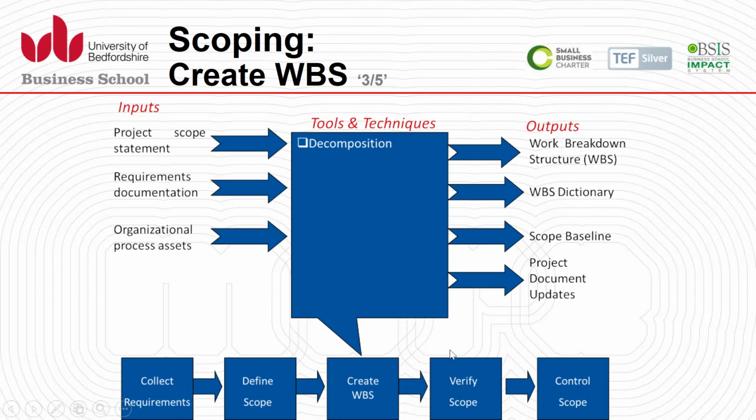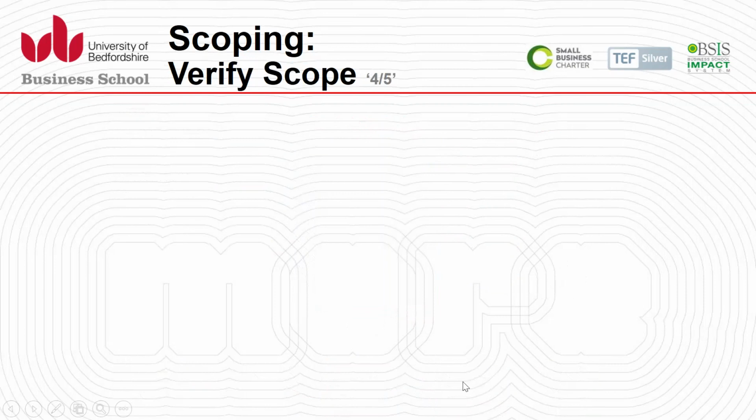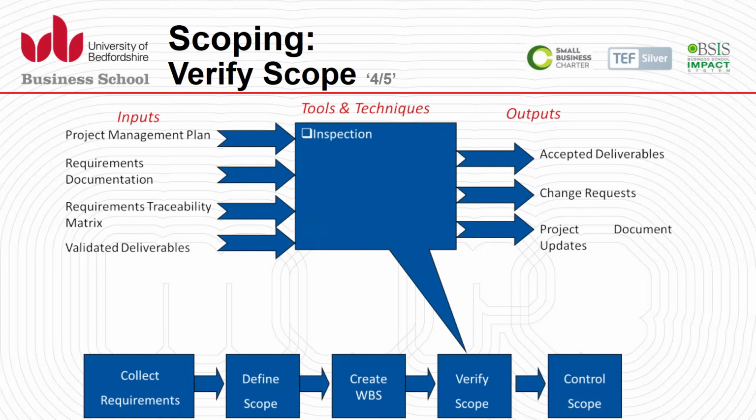So we now have the WBS with the baseline for the scope, which helps us to verify scope during monitoring and control when the project is executed. When we execute the project, we can verify that the project is on track.